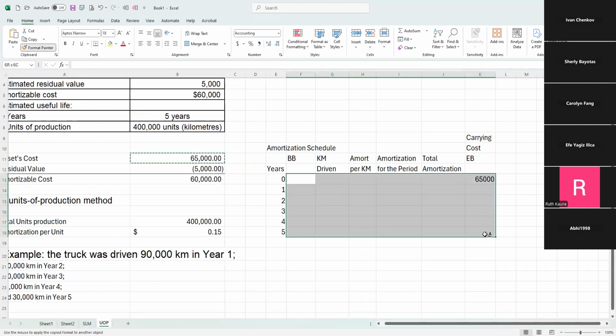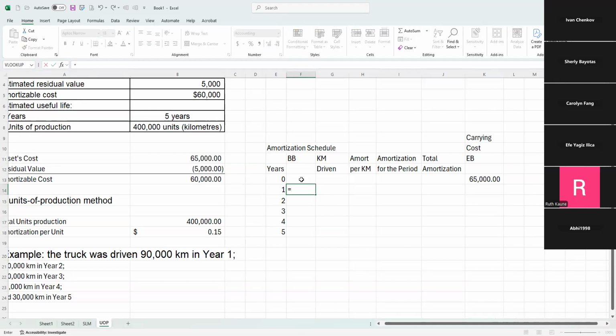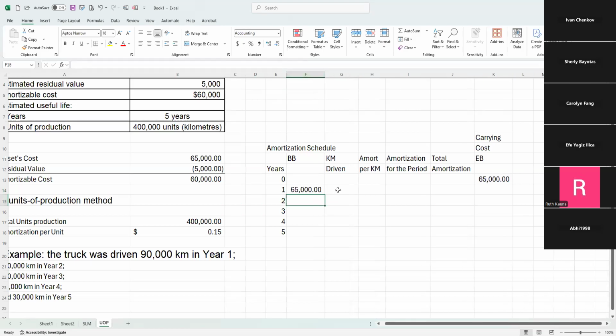Let's put this one here. And let's keep working. So my beginning balance year 1 is 65. Kilometers: how many kilometers did I drive the truck the first year? 90,000. How much per kilometer?